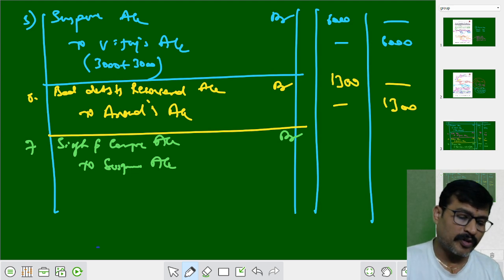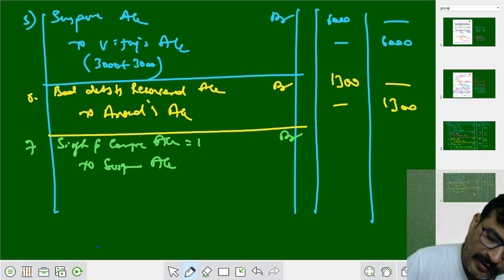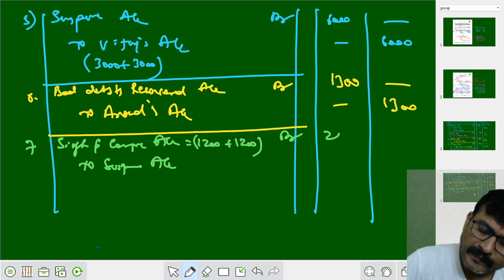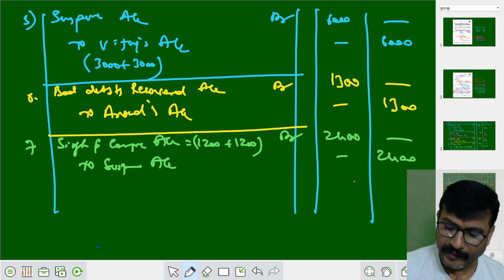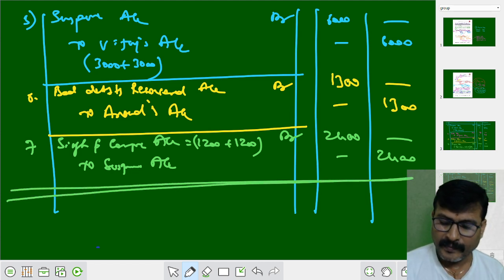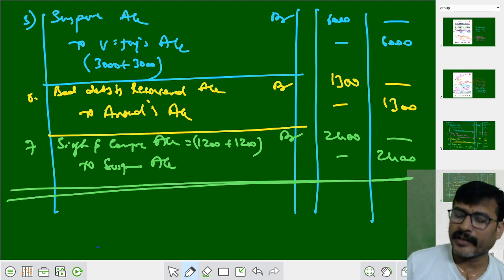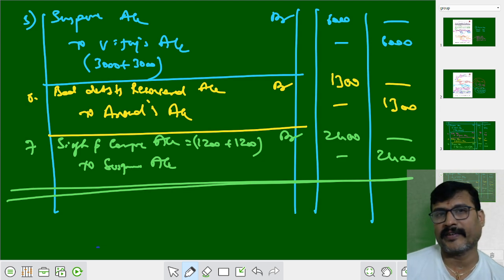How many times do we have to take the amount? We have to take the amount 2 times. 1200, 1200. It comes to 2400. Being wrong credit to Singh and Company is rectified.